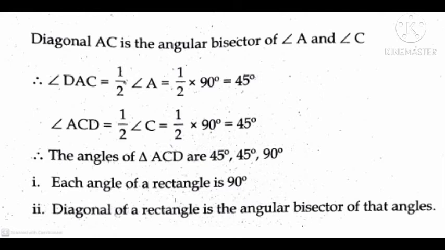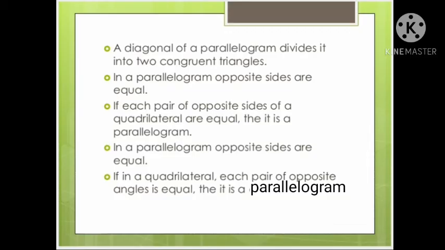Reasons. In the first case, each angle of a rectangle is 90 degrees. In the second case, the diagonal of a rectangle is the angular bisector of that angle. Two congruent triangles. In a parallelogram, opposite sides are equal. Next one, if each pair of opposite sides of a quadrilateral are equal, then it is a parallelogram.